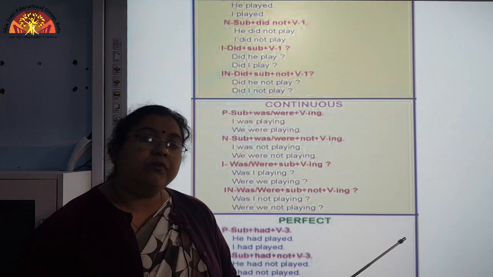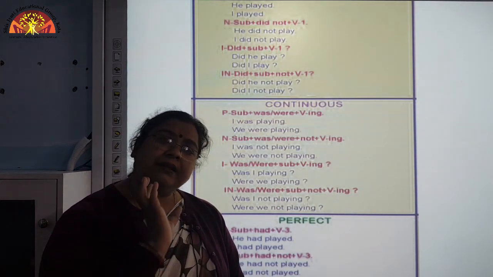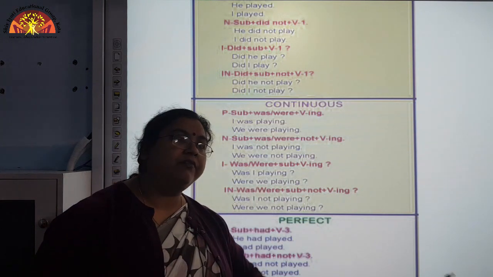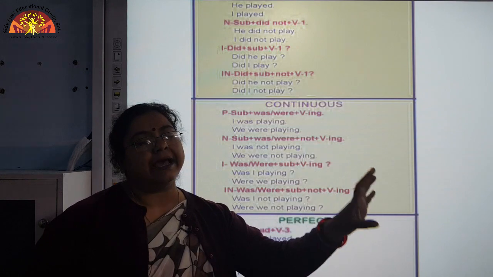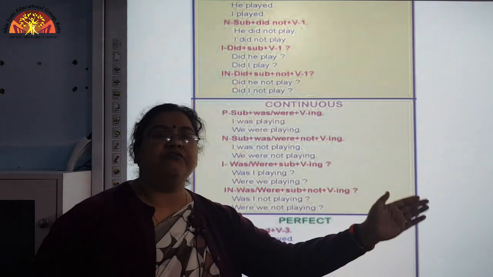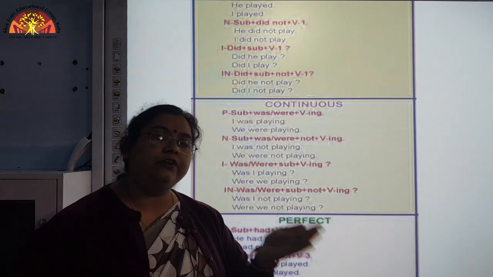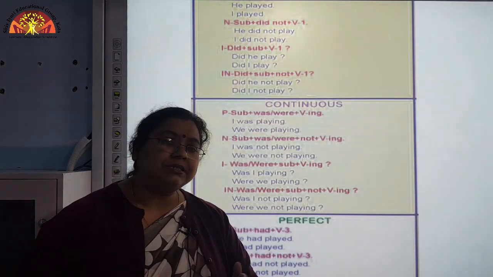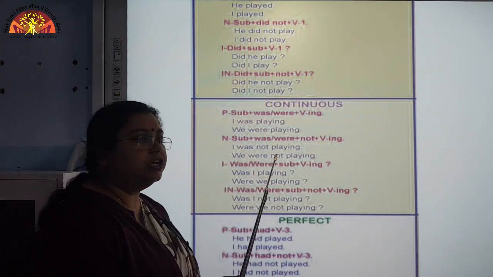And see here, at that very moment, at that very specific time when the person saw her, what was she doing, what action was in progress, she was going to school. So, in this manner we use past progressive tense. Now, let us move to the negative structure.